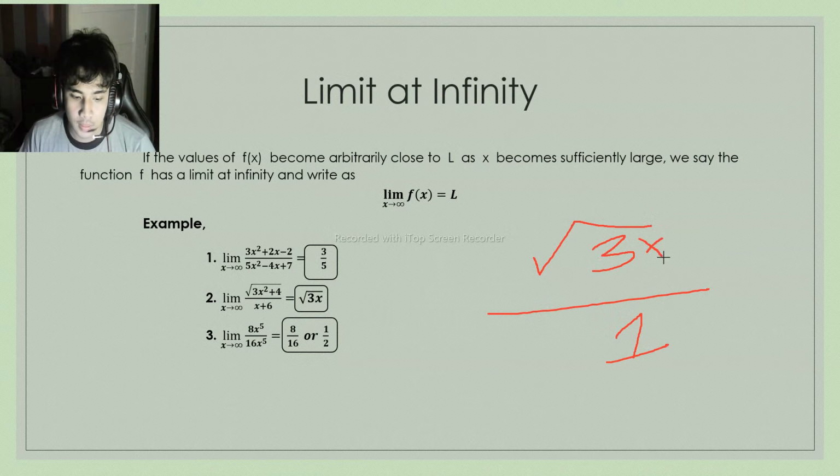Wala nang variable kasi tinanggal na natin, dinivide na natin siya sa highest power ng variable. So magiging square root of 3 na lang siya, wala nang x dyan. That's a type of graphic error.